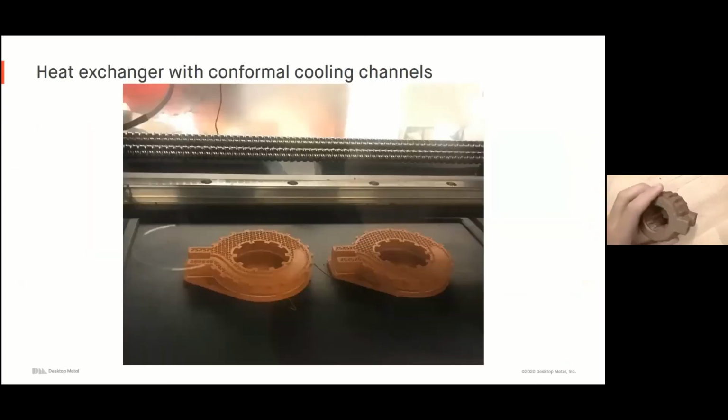This is used for cooling in a chemical plant operation, but copper is going to give us that excellent thermal conductivity. While we're able to incorporate that helix that's winding through the part to actually run some coolant through there to really increase that heat transfer rate. You can see some of the internal fins, of course, to increase the surface area as well.